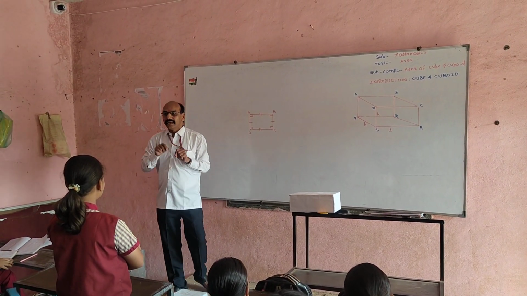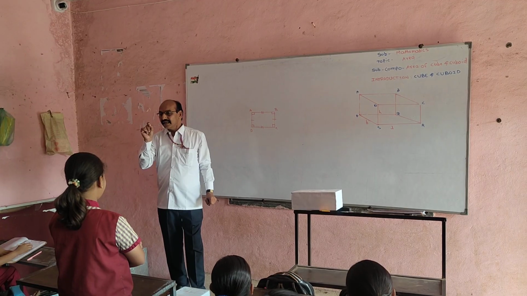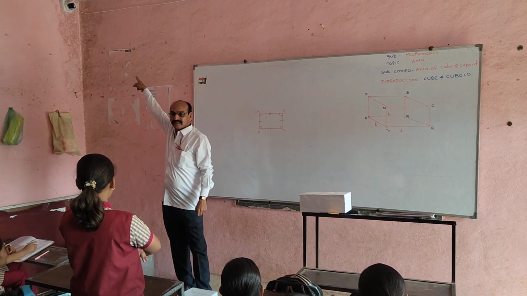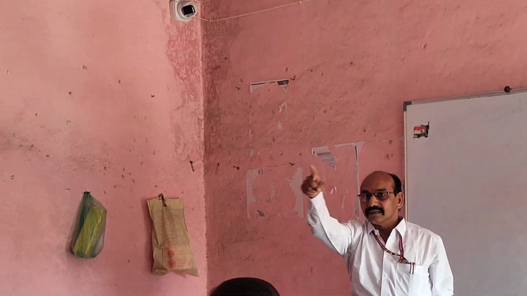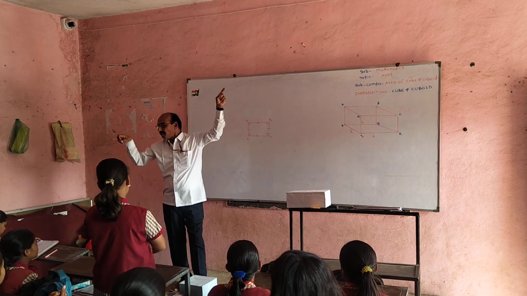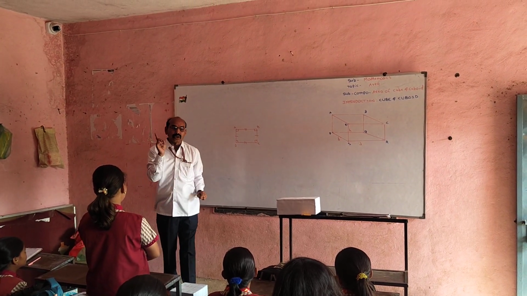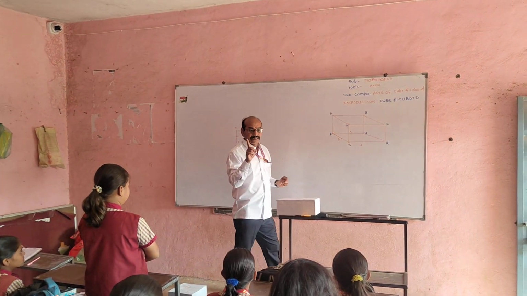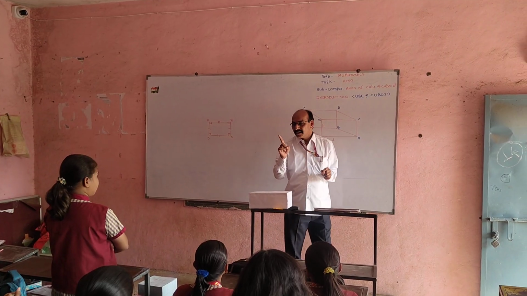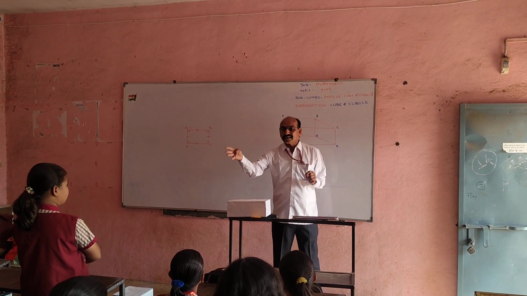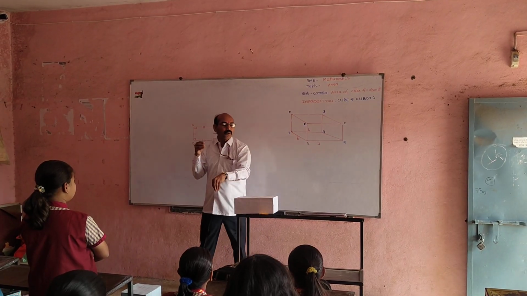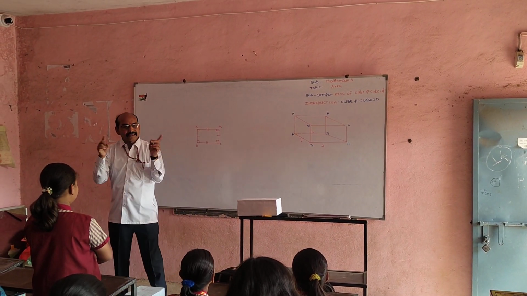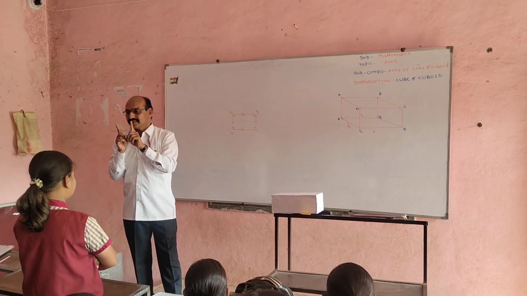Then how many vertices does this room have? 8 vertices. The first vertex is like this, second, third, fourth. In a similar way, the bottom side also has 4 vertices. So there are a total of 8 vertices and 6 faces. 4 faces are on the outer side, the fifth one is the top side, and the last one is the bottom. Total faces are 6.